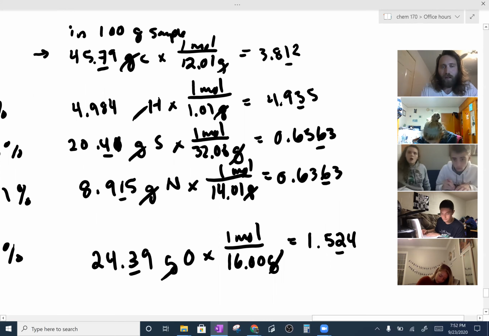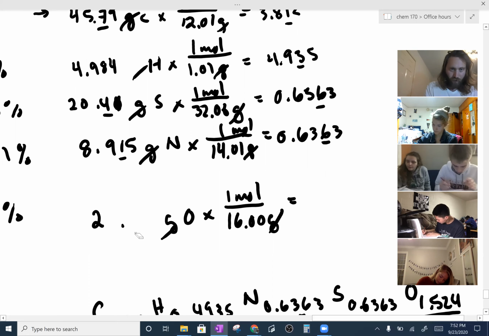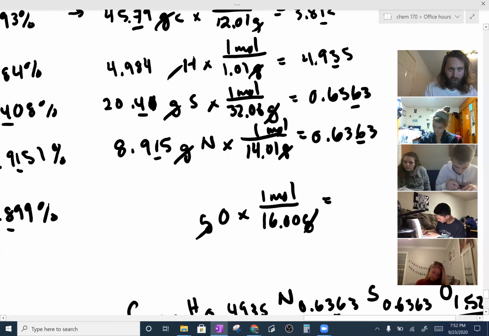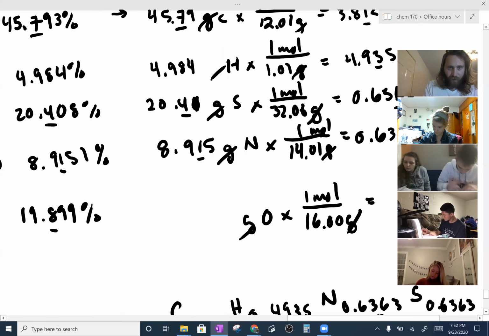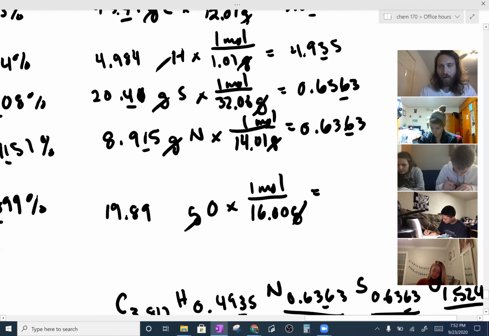And then the number of moles of oxygen here is also going to change. So that's not 24.39 anymore. That is 19.89. 19.89 divided by 16 is equal to 1.243.